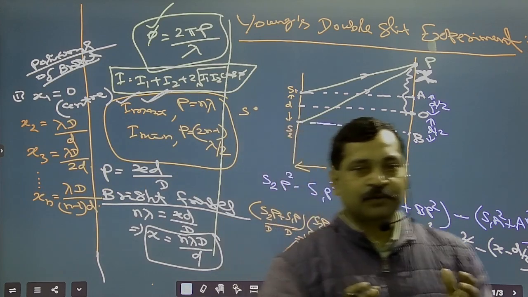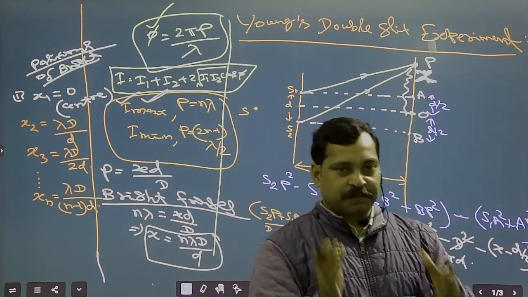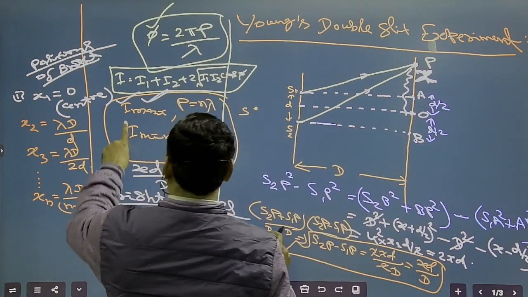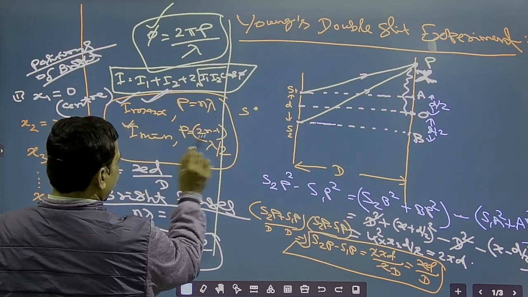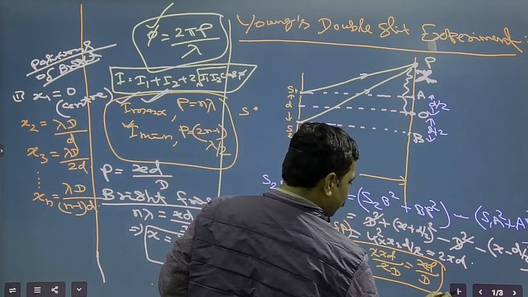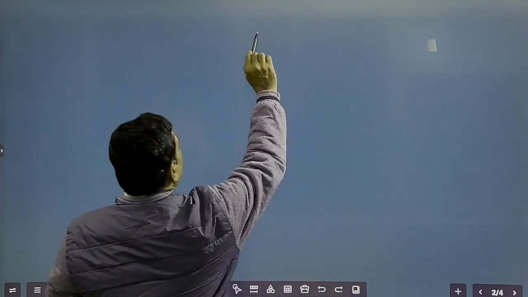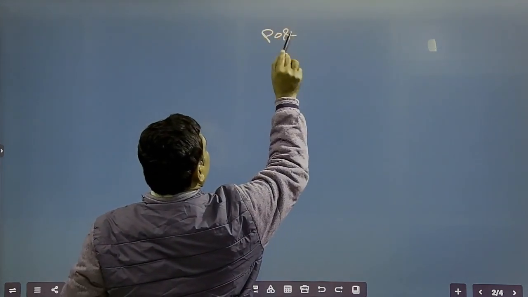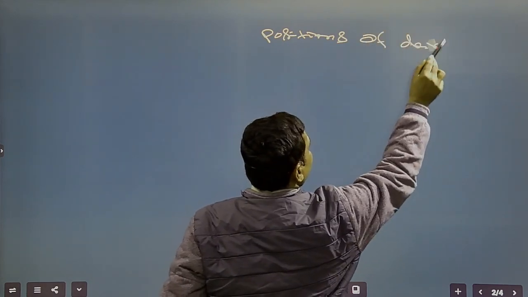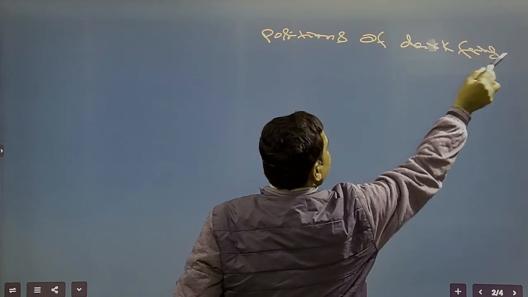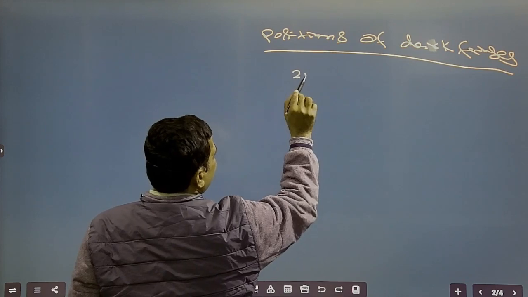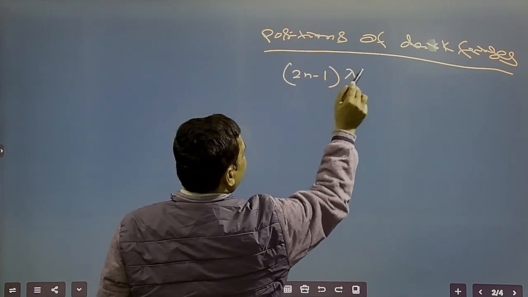Similarly, we can find the positions of the dark fringes, where the intensity is minimum. For the intensity to be minimum, we know p will be equal to (2n minus 1) lambda by 2. So for the positions of dark fringes, here p is equal to (2n minus 1) lambda by 2.